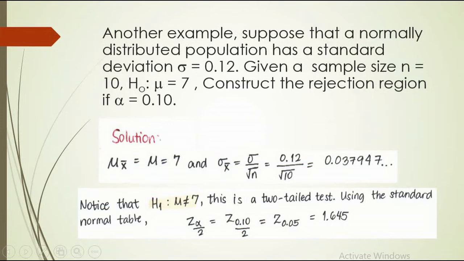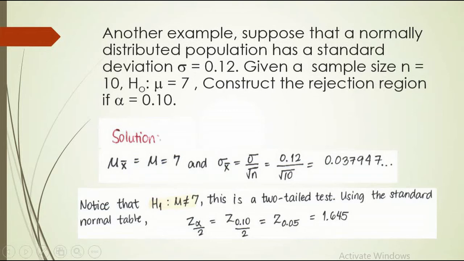The mean of the sample means is equal to the population mean, which is equal to 7. And the standard deviation of the sample means is equal to the population standard deviation over square root of n, which is equal to 0.12 over square root of 10.